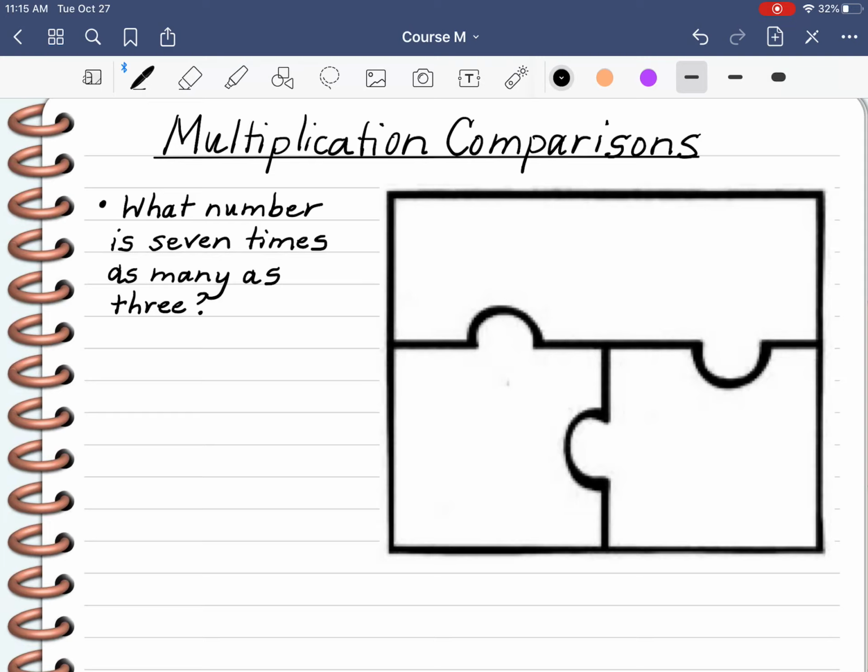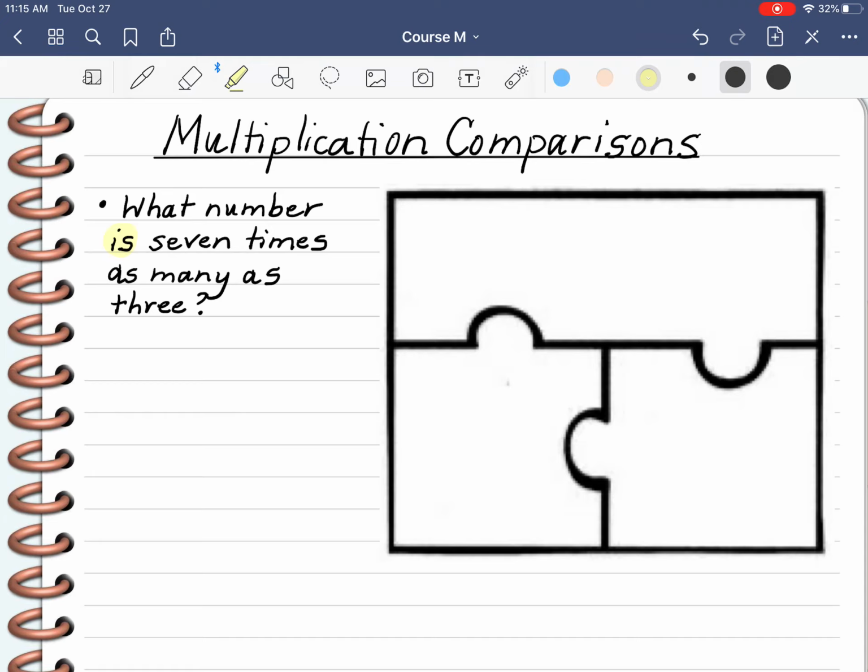All right, the first thing I want to show you is, let me think here. I want to set this up as an algebraic expression. Okay? So this is saying what number is. And the word is an equal sign.